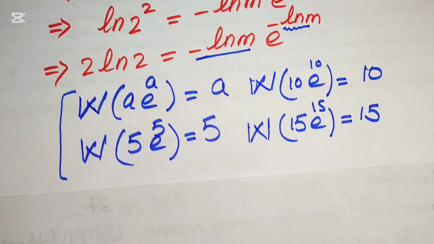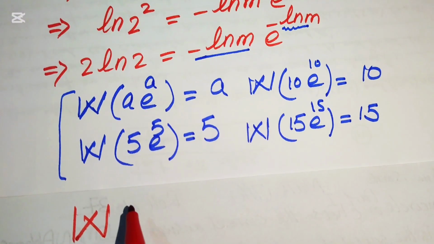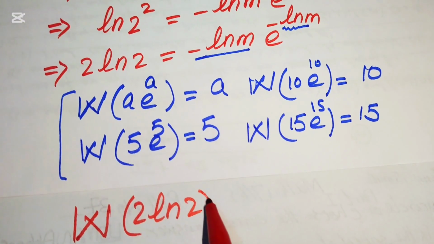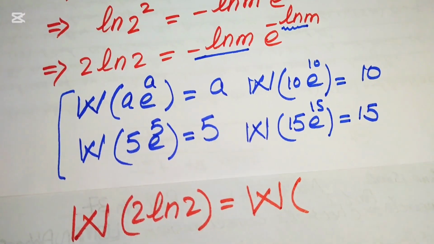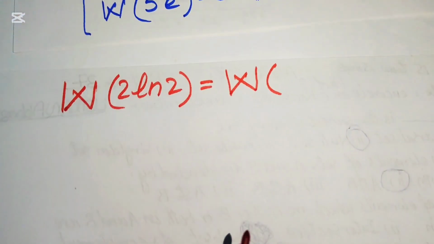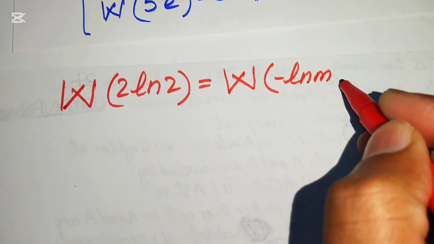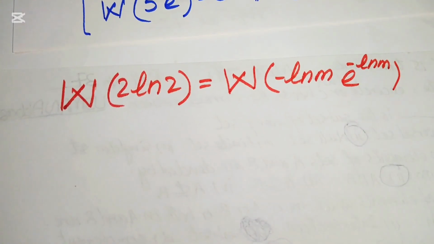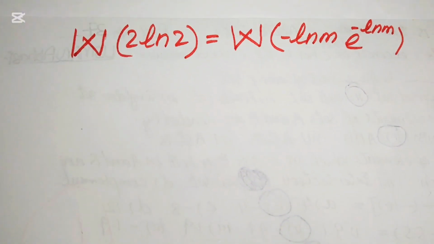So now we apply this W function on both sides of this equation, and it will be written as W of 2 log 2 equals W of minus log m times e to the power of minus log m.